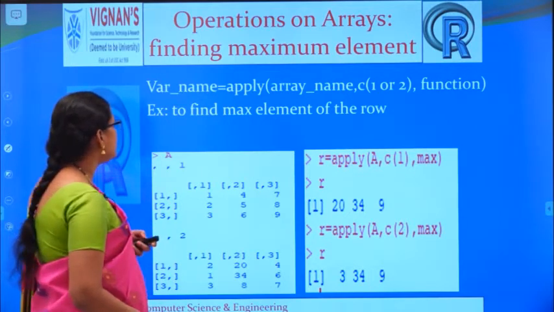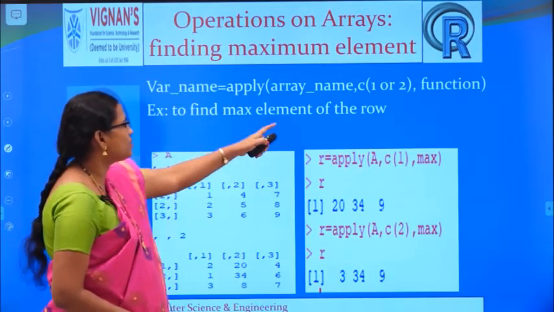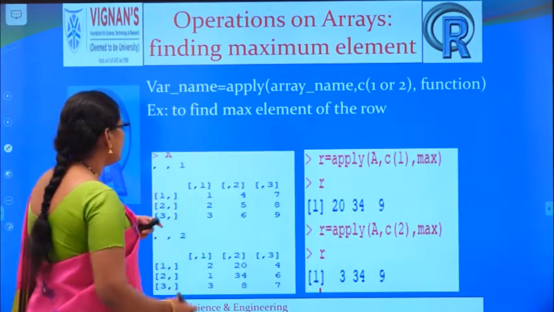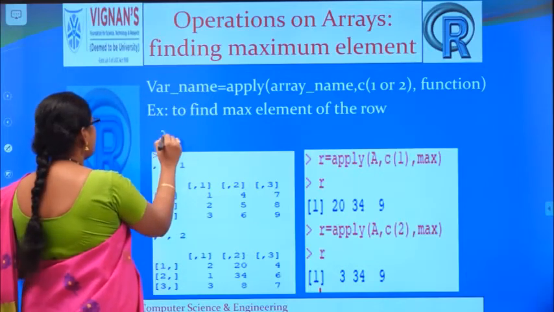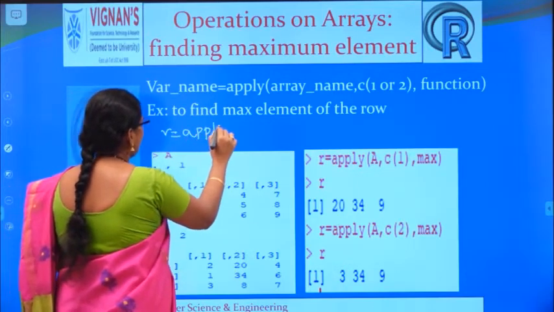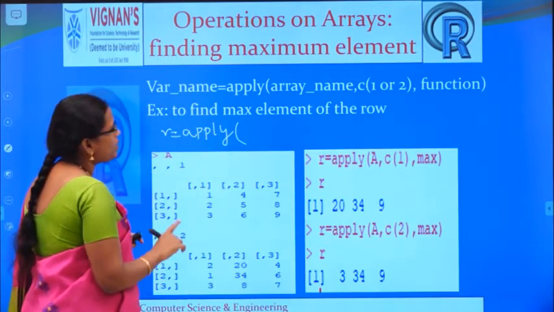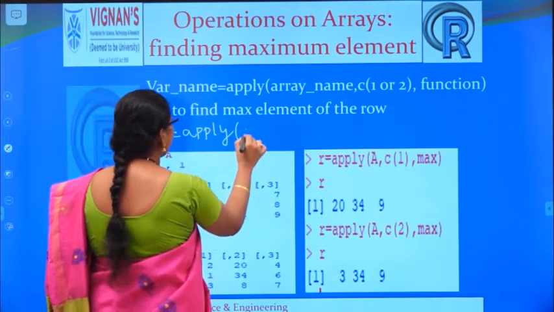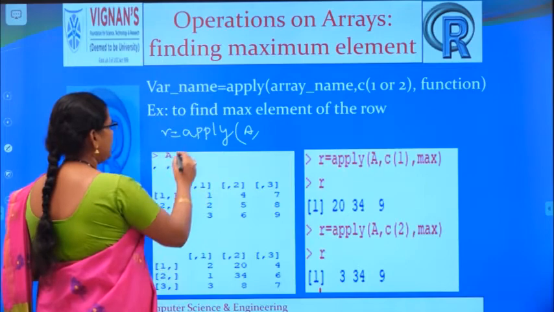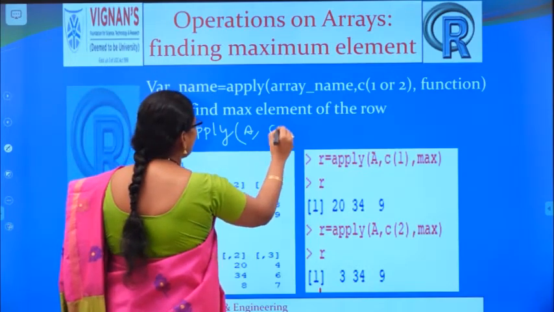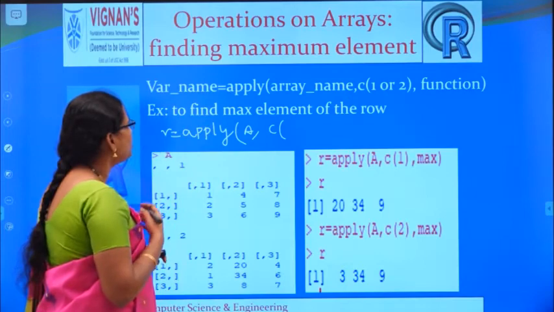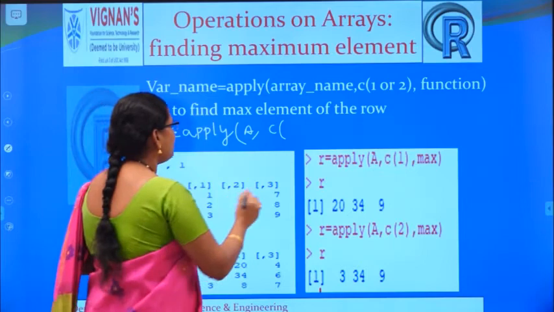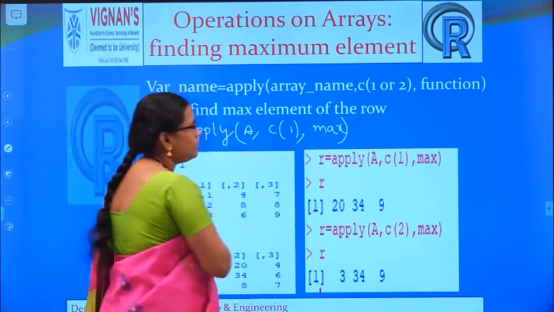Here is the example: to find the maximum element of the row, you write the statement R is equal to apply of A, where A is the array name, then C of 1, because row is nothing but 1, and then the function name, max.